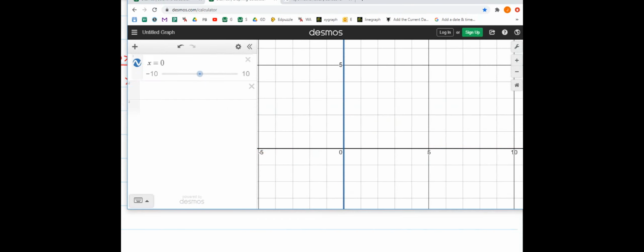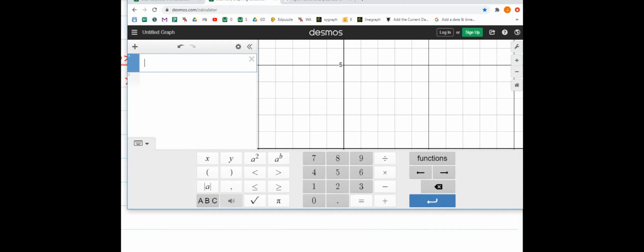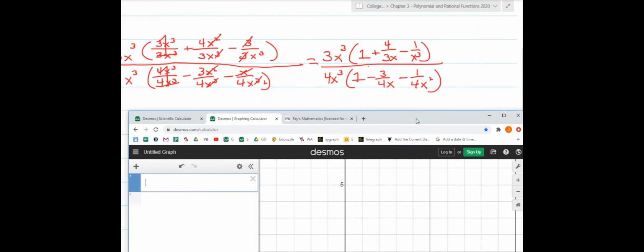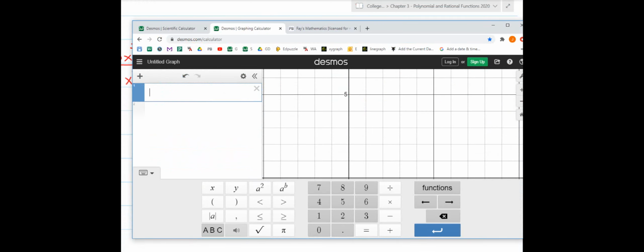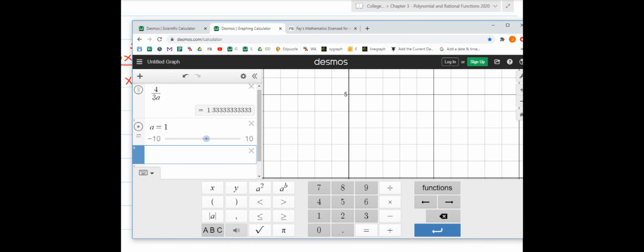What is that doing for me? Let's think about this. Let's say that I have, let's just type in one of these. Let's just go 4 over 3x. But I'm going to use 4 over 3a. And I'm going to let a be a slider that goes from, let's just say 1 up to, I don't know how far it'll let me go here.